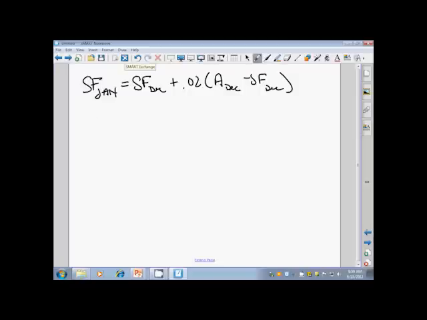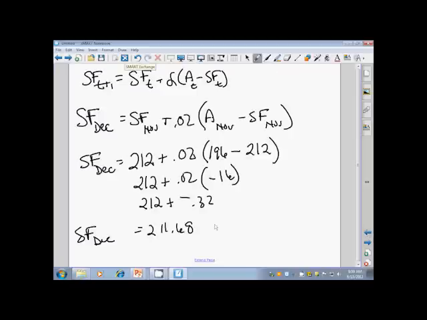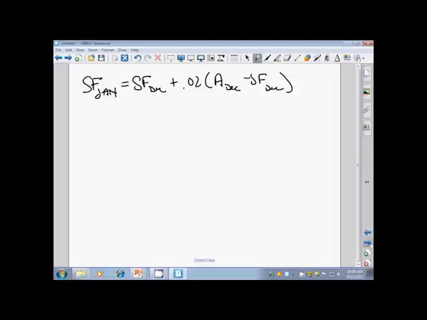Well, if we go back one sheet, which, oh good, it's back up to regular size again. If we go back one sheet, we found that our smooth forecast for December was 211.68. So I'm just plugging that into the number plus 0.02. My actual for December now, because everything on this formula is from the same time period, was 268 minus that forecasted 211.68.